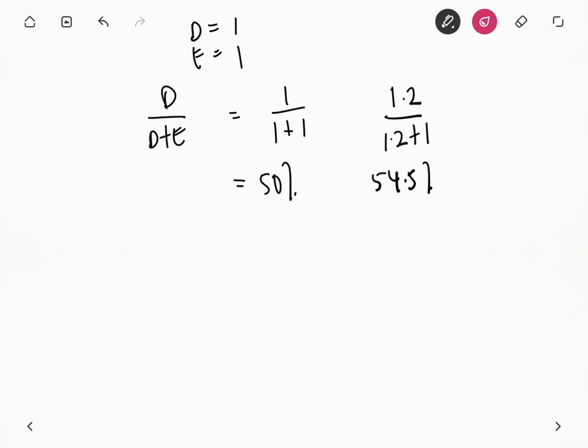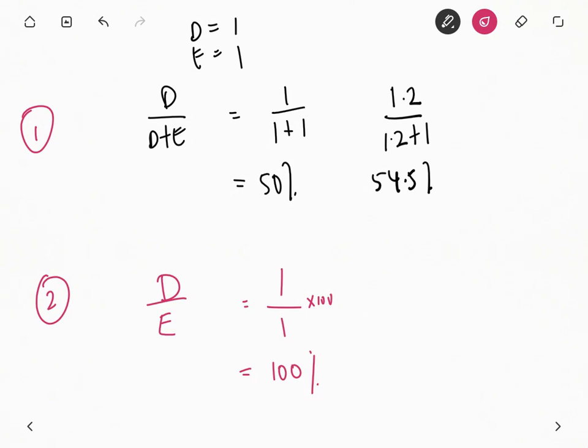Then, one more. Gearing ratio sometimes can be debt divided by equity. If this is the information, debt is $1, equity is $1, so it is 100%. You times by 100%. So I have $1 equity and $1 debt, so debt is 100% of my equity.